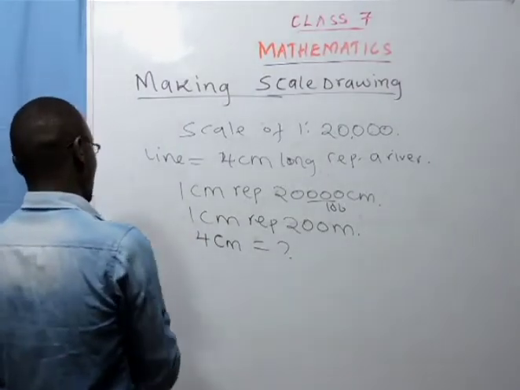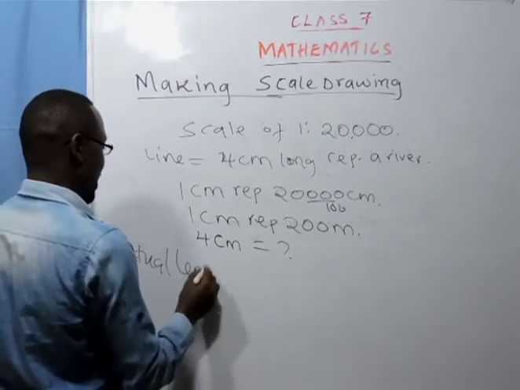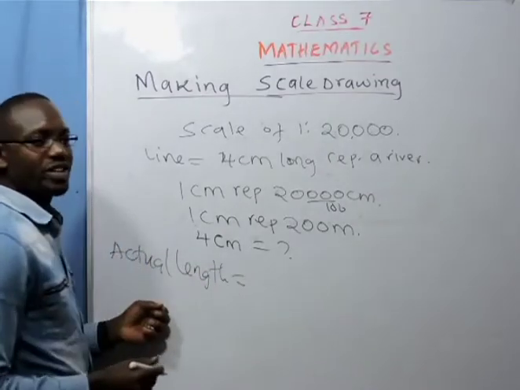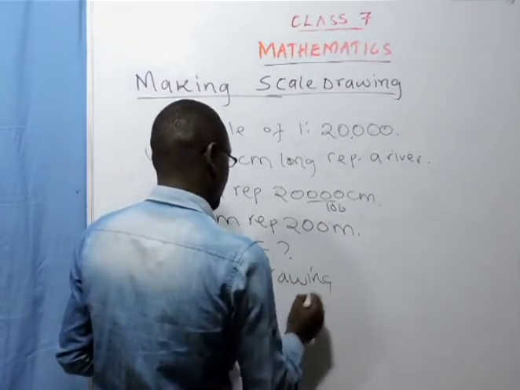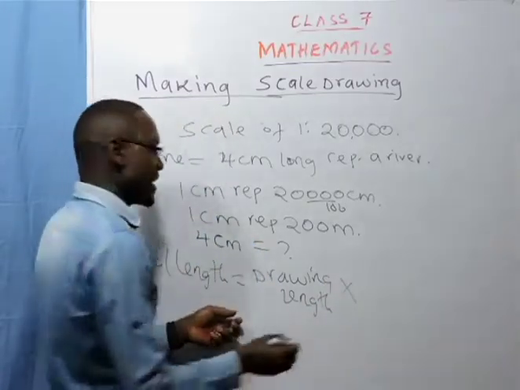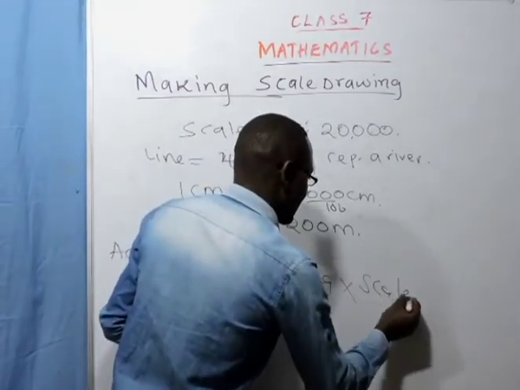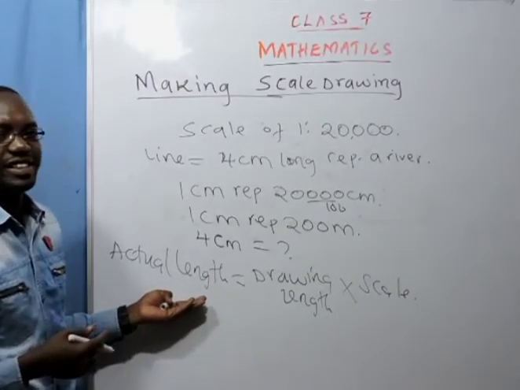To get the actual length, we take the drawing length times the scale. This is how we get the actual length in scale drawing.